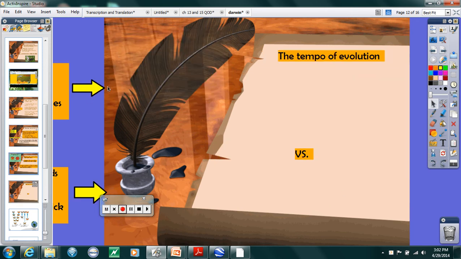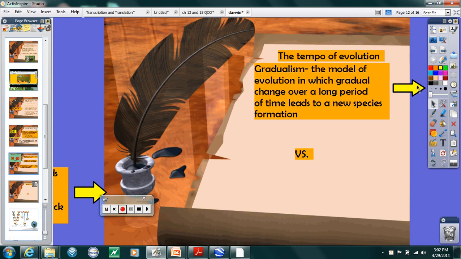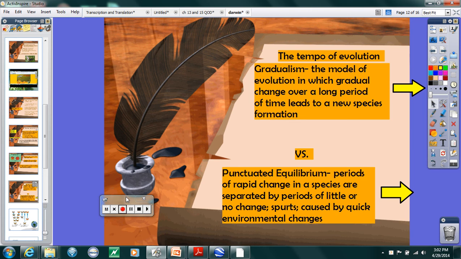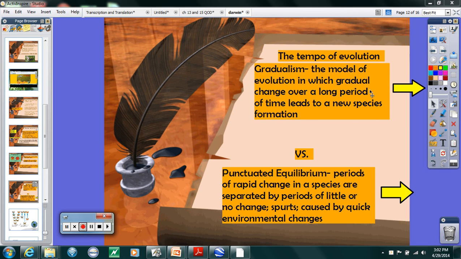The last thing that we need to talk about is 2 different types of evolution that can take place. One of them is called gradualism, which is the model of evolution in which there is a gradual change over a long period of time, and that will lead to new species formation.